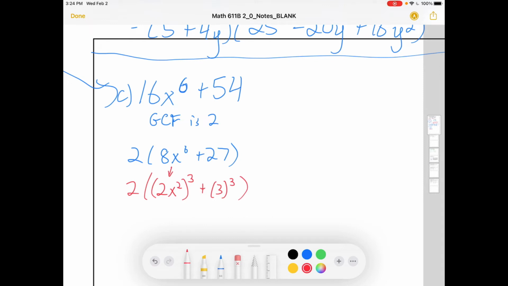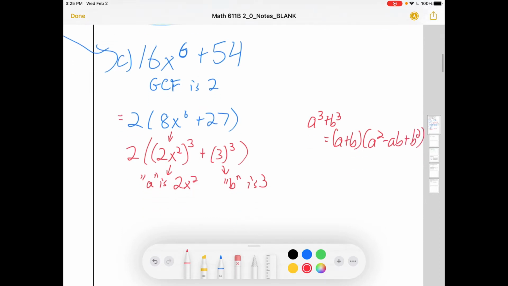So in other words, our A is 2x squared, and our B is 3. And here was the formula: A cubed plus B cubed equals A plus B times A squared minus AB plus B squared. So let's put it to use. We're still going to have that 2 out front.